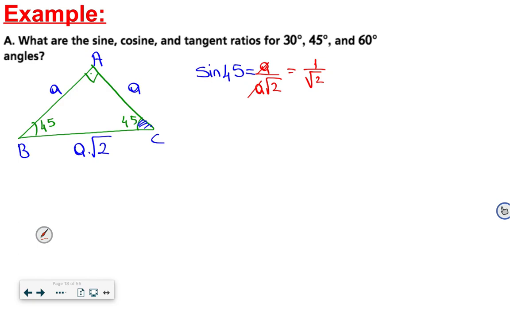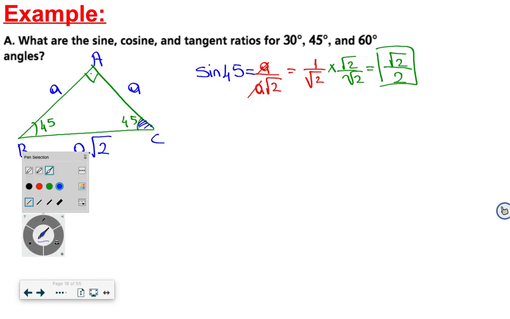This is the reason we are going to multiply both numerator and denominator by radical 2. After that, radical 2 times 1 is radical 2. Radical 2 times radical 2 is 2. This is going to be your trigonometric ratio of sine 45.